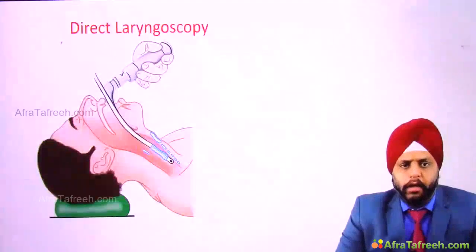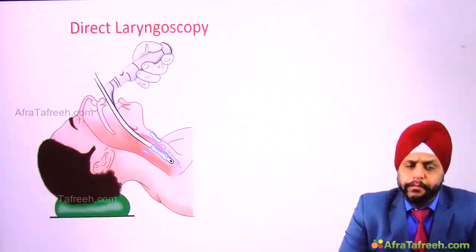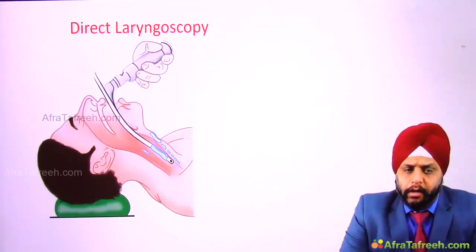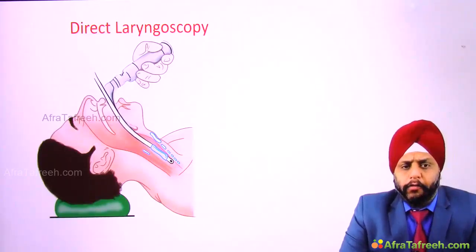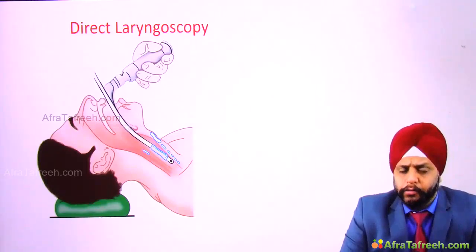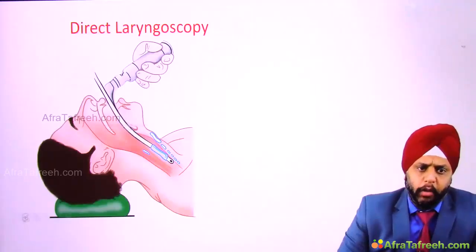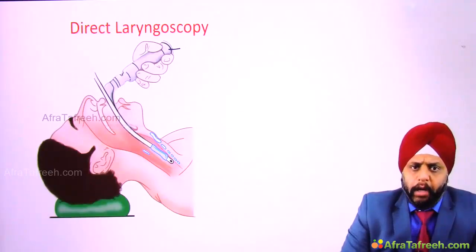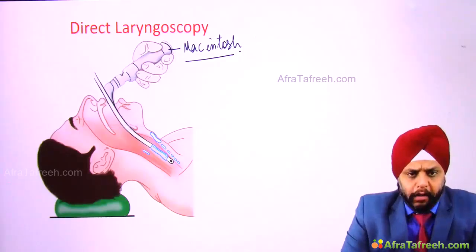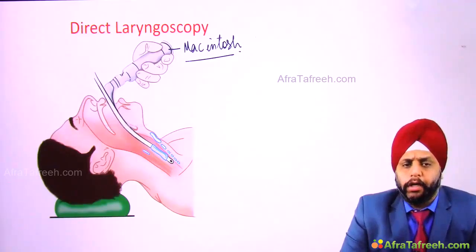Right? Now, a technique that we discussed in the pharynx to examine the larynx is direct laryngoscopy. The direct laryngoscopy, as you can see over here, is done with the help of a direct laryngoscope. The image over here shows you a Macintosh direct laryngoscope, which is generally used by the anesthetist during endotracheal intubation.